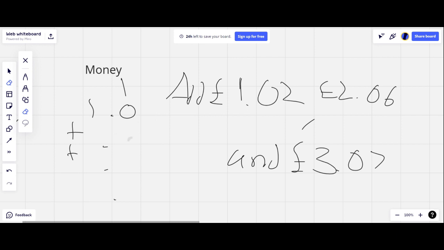So they're not really that multi-step, but they're still different in word problems.